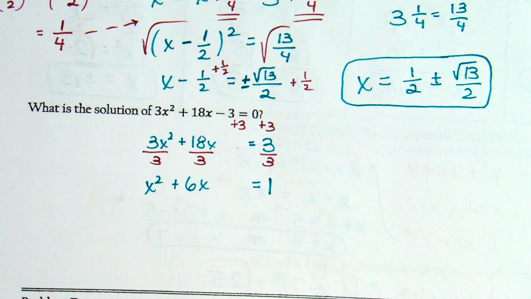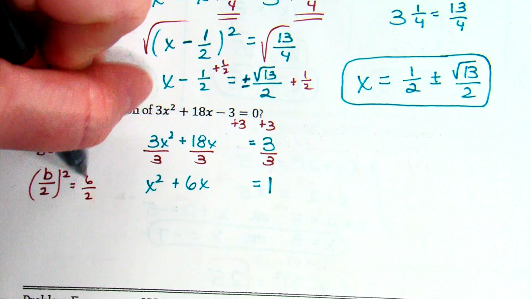Okay, you have to use your current b, which is what I have right there. So b is 6. So that means I'm doing 6 divided by 2 and squared. 6 divided by 2 is 3. 3 squared is 9.